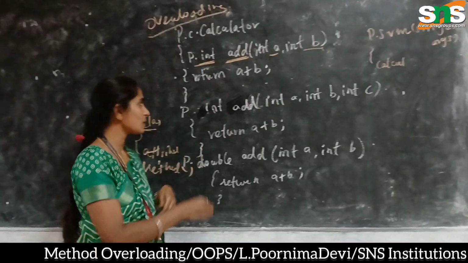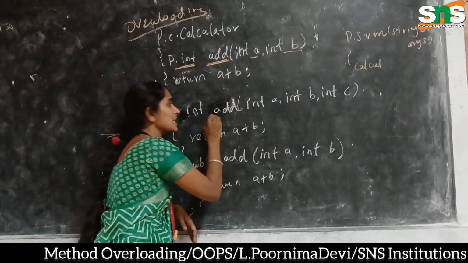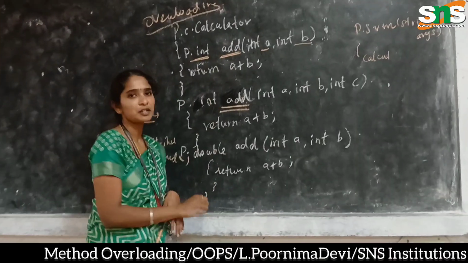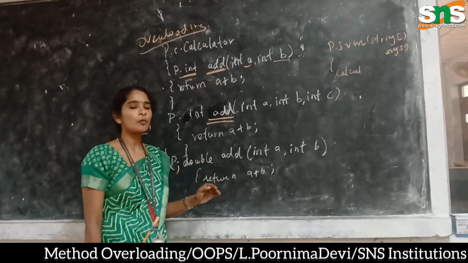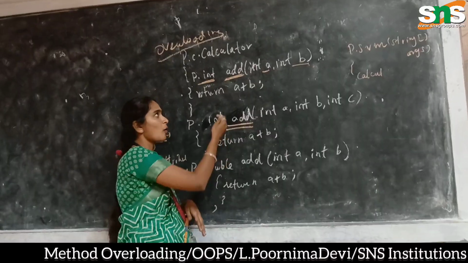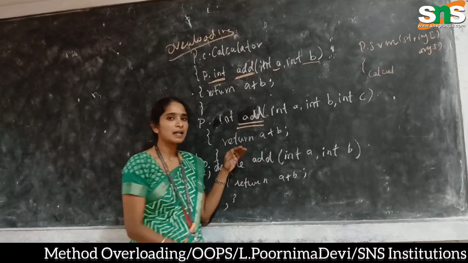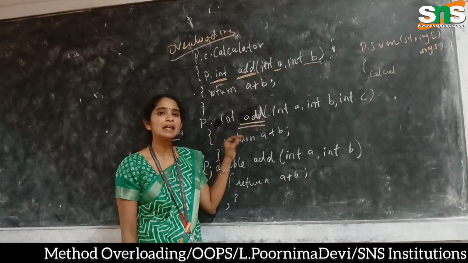The next one, I give the same name as the already defined method. So this is method overloading. If I give the same method name again with the same parameters, it will give an error message.